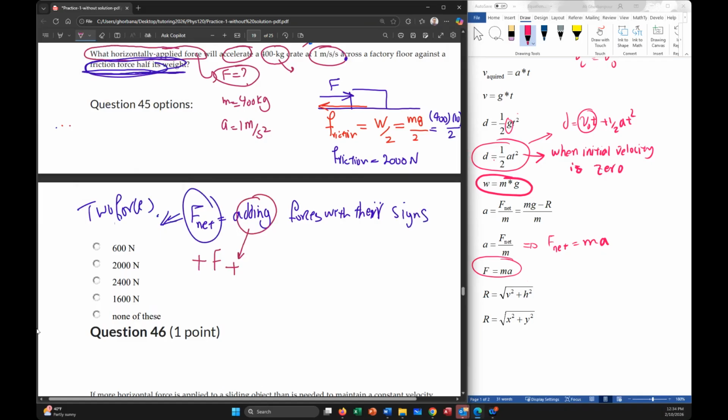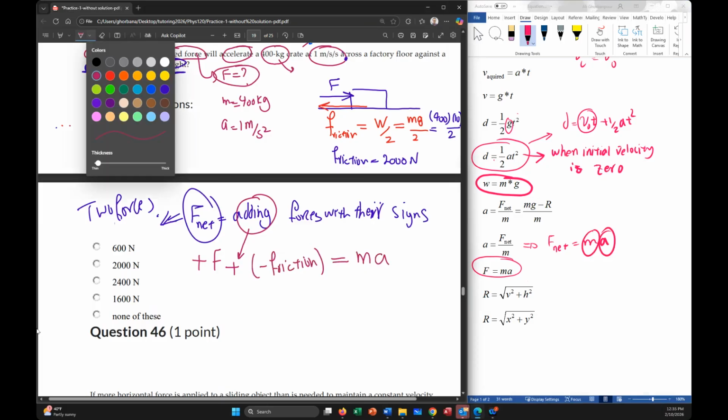I put plus. What is the other force? Friction force. What is the sign? Negative friction force, yes? Equal to mass times acceleration. Good.